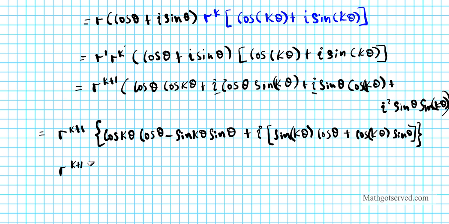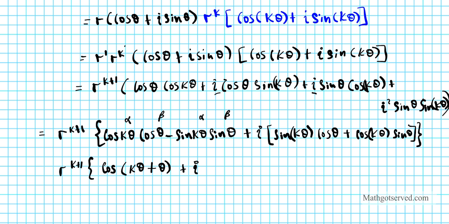I can write this as squiggly bracket, cosine of the sum of the angles. This is like an alpha, and this is like a beta. So it's going to be cosine alpha plus beta, so cosine k theta plus theta. This is the condensed form using the sum identity for cosine.